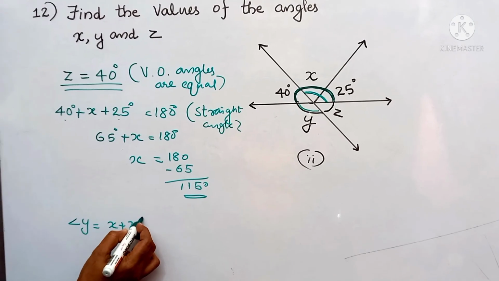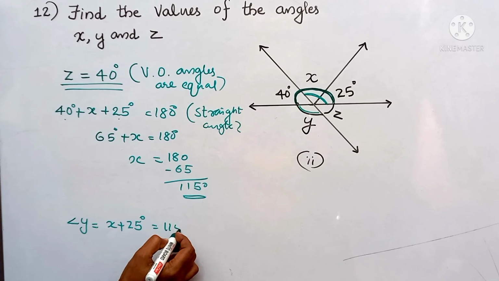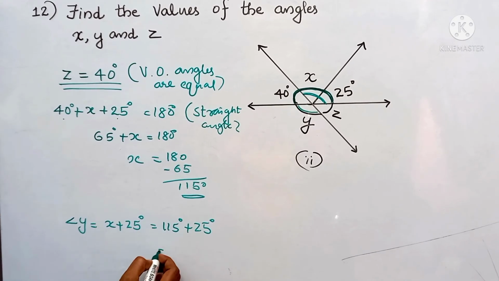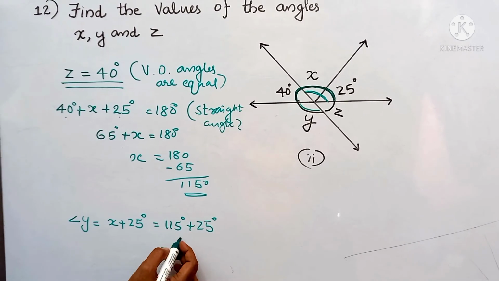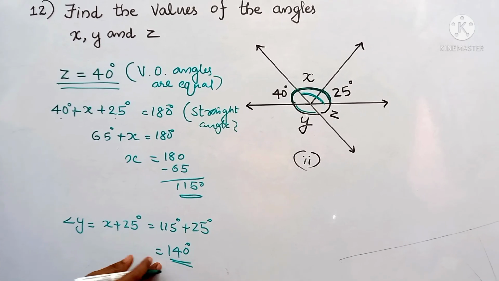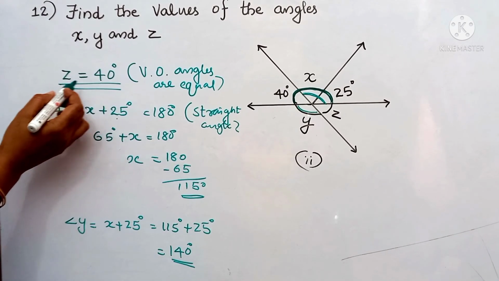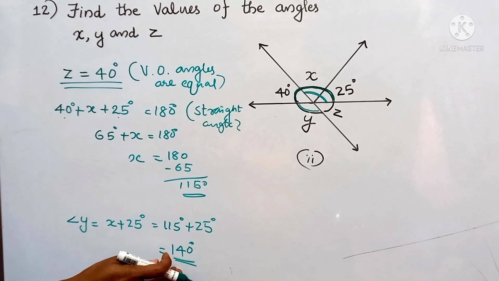And we already have the value of x, 115 degree plus 25 degree is the measure of angle y. That is 115 plus 25 is 140 degree. This is the measure of angle y. So we have got z equal to 40 degree, x is equal to 115 degree, angle y is equal to 140 degree.